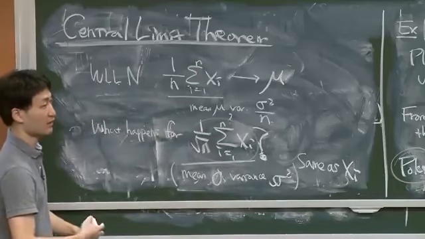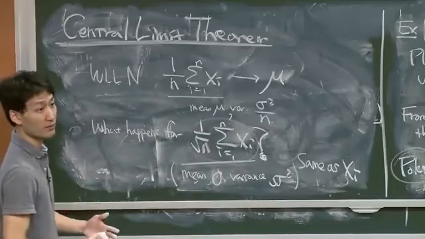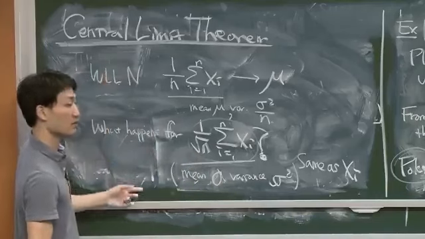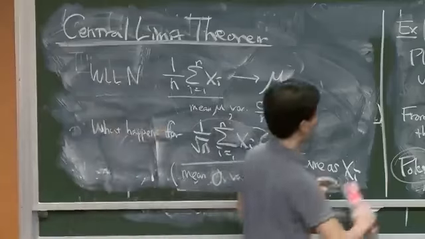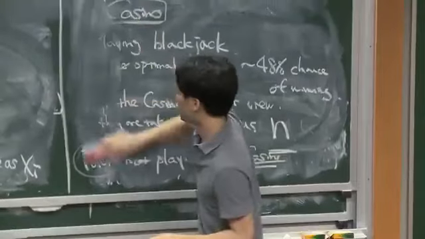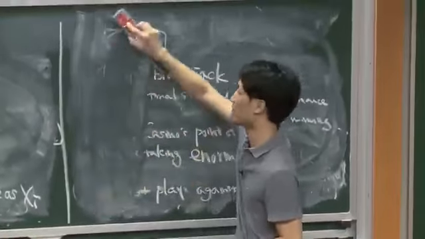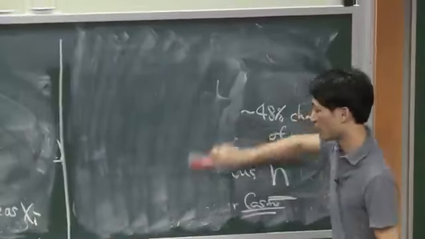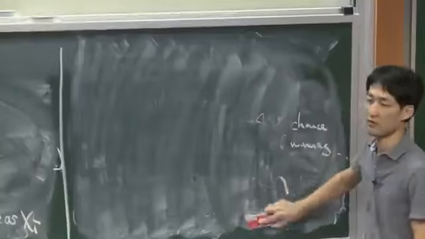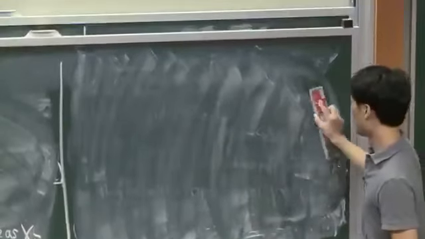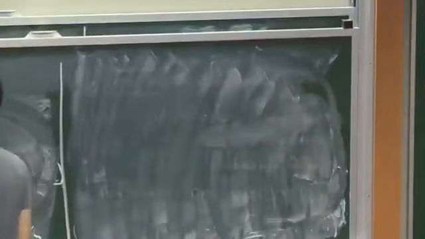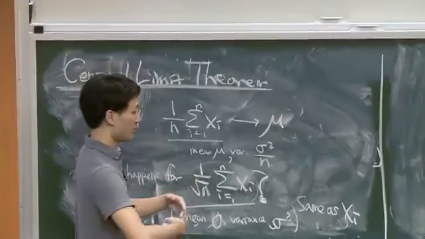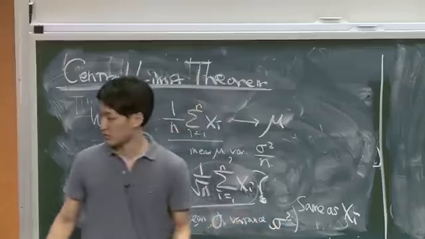If it doesn't look like xi, can we say something, anything interesting about the distribution of this? And central limit theorem answers this question. And it's actually, when I first saw it, I thought it was really interesting because normal distribution comes up here. And that's probably one of the reasons that normal distribution is so universal, because when you take many independent events and take the average in this sense, their distribution converges to a normal distribution.